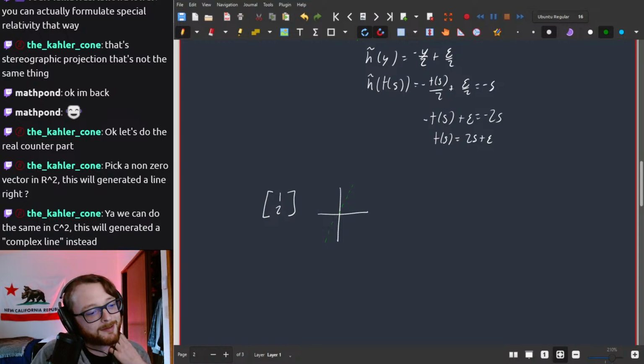Okay. And C2, one element of C2 would be like 1 plus i and 2 minus i or something.